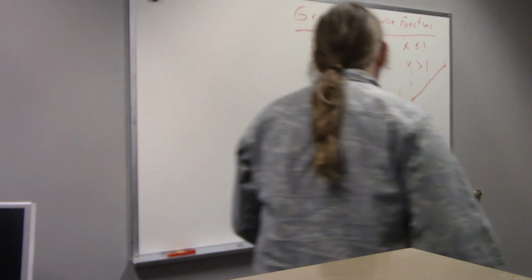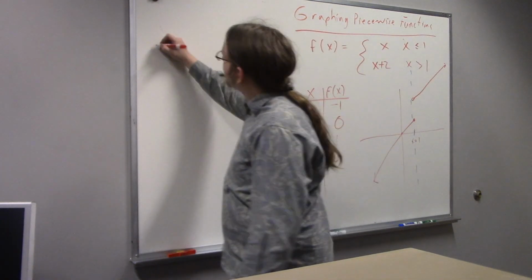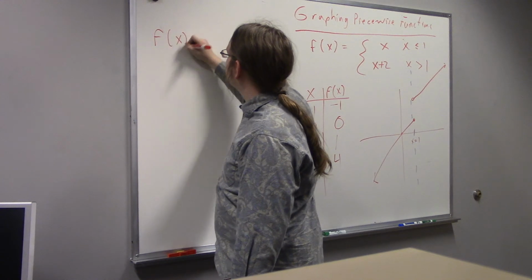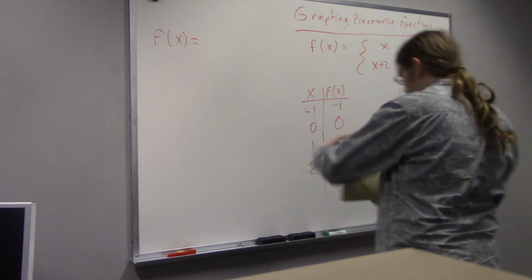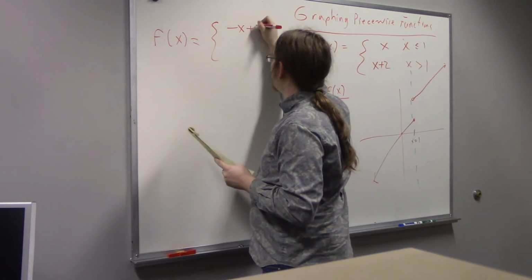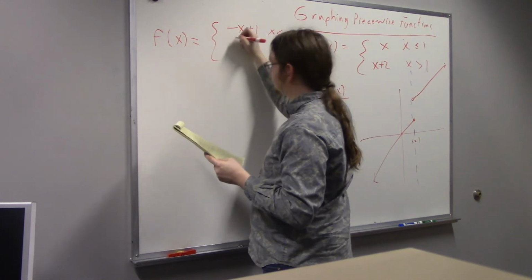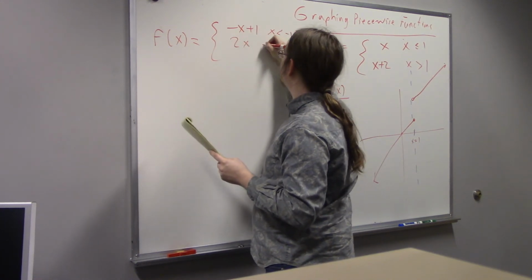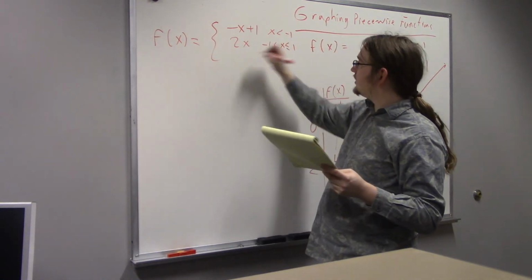So I'm going to give you another piecewise function. f of x is equal to negative x plus 1 when x is less than negative 1. 2x when negative 1 is less than or equal to x is less than or equal to 1.